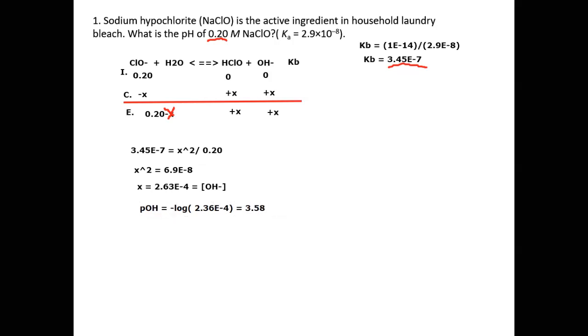And then remember, don't forget to find the pH. pH is 14 minus 3.58, which would be 10.42. And that's the pH of the solution. So again, make sure when you find X, it is the hydroxide ion concentration. You find the pOH and then you subtract it from 14 to find the pH.